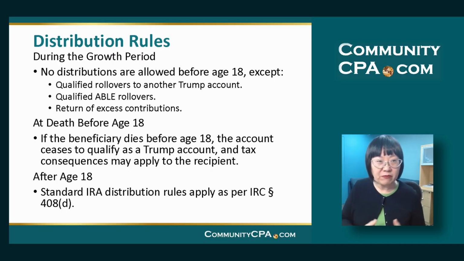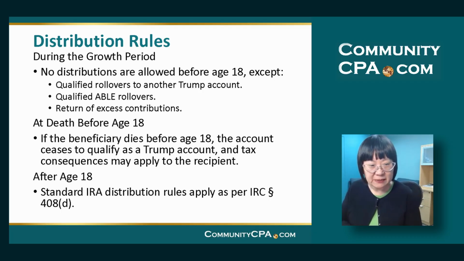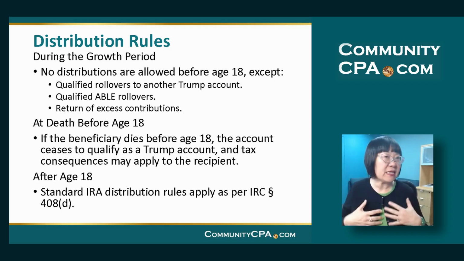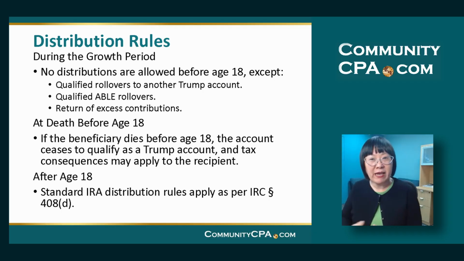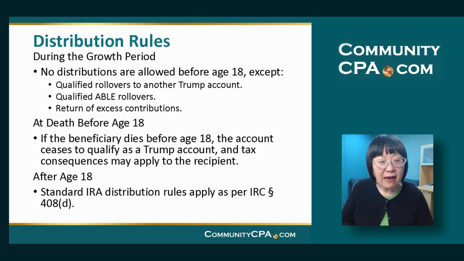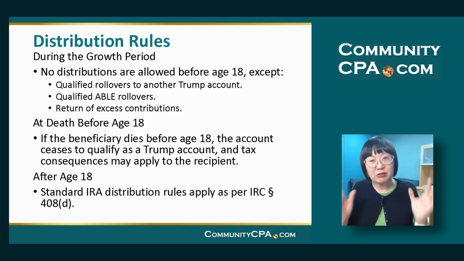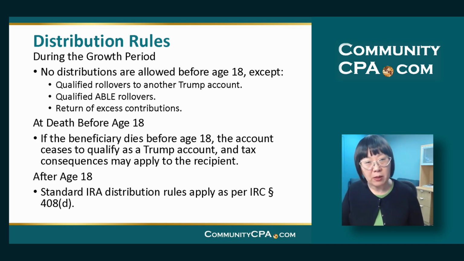If the beneficiary, if the kid dies before 18, then the account ceases to qualify as a Trump account. And the tax consequences are going to be just like a Roth IRA. If it is after 18, then standard IRA distribution rules will apply. So basically, you can envision that to be part of your IRA if a distribution ever happens.